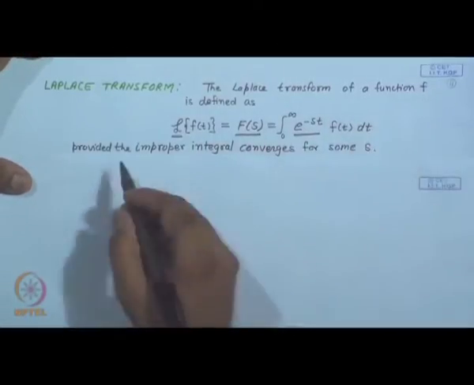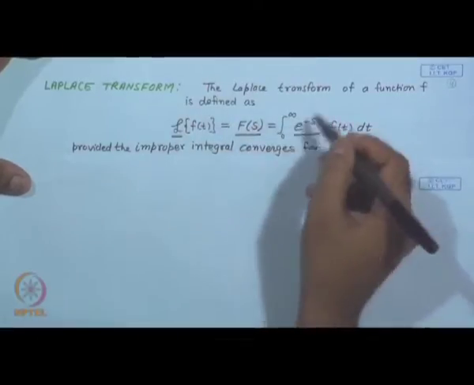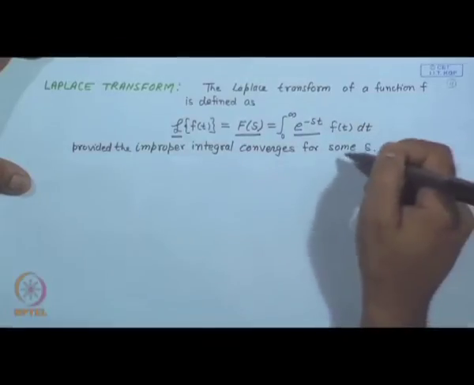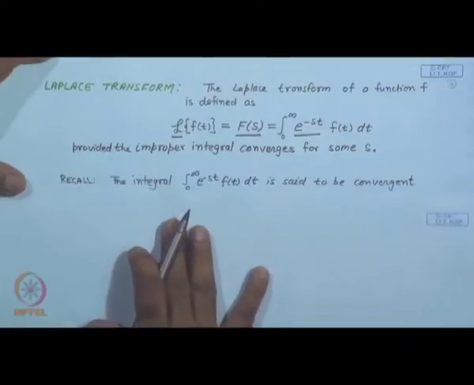Provided, and that is very important, this will be called the Laplace transform, of course, if the improper integral converges for some s. What do we mean by convergence of the integral?